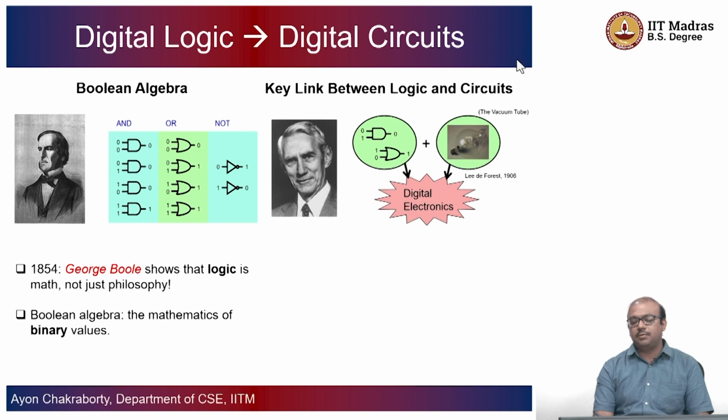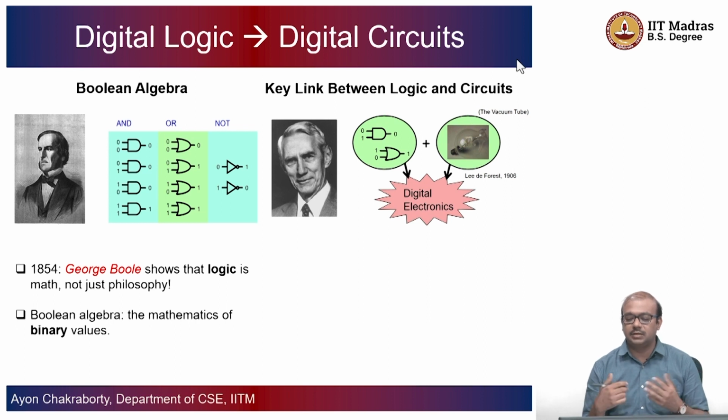And after that, this is a picture of Claude Shannon, who took this concept of digital logic or Boolean algebra and tried to apply that in actual digital circuits, right? Which gave rise to this new field of digital electronics in the early 1930s or early 1940s, right?